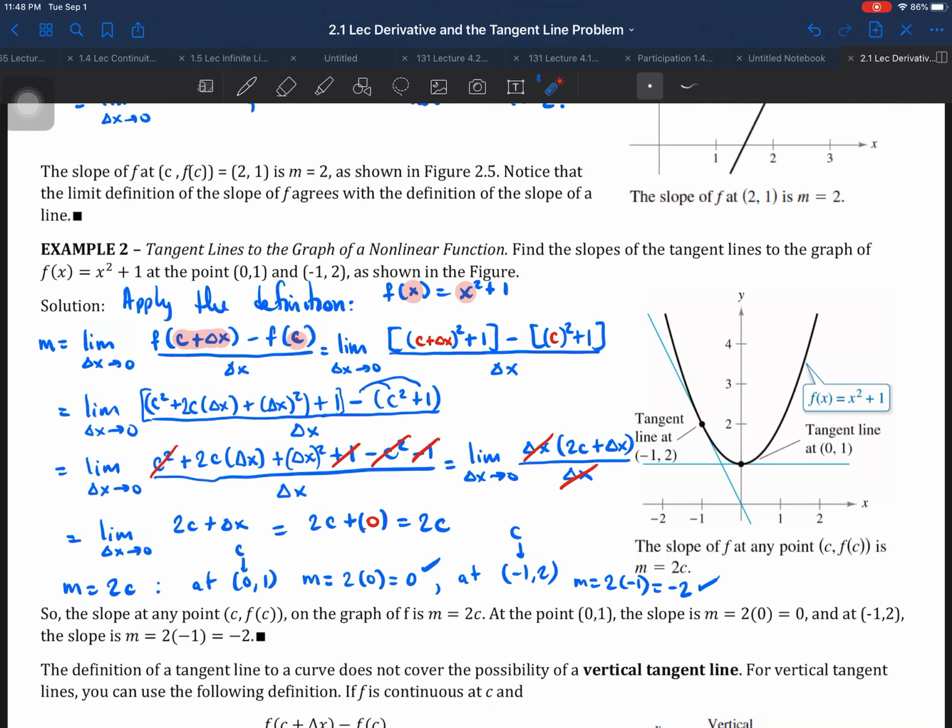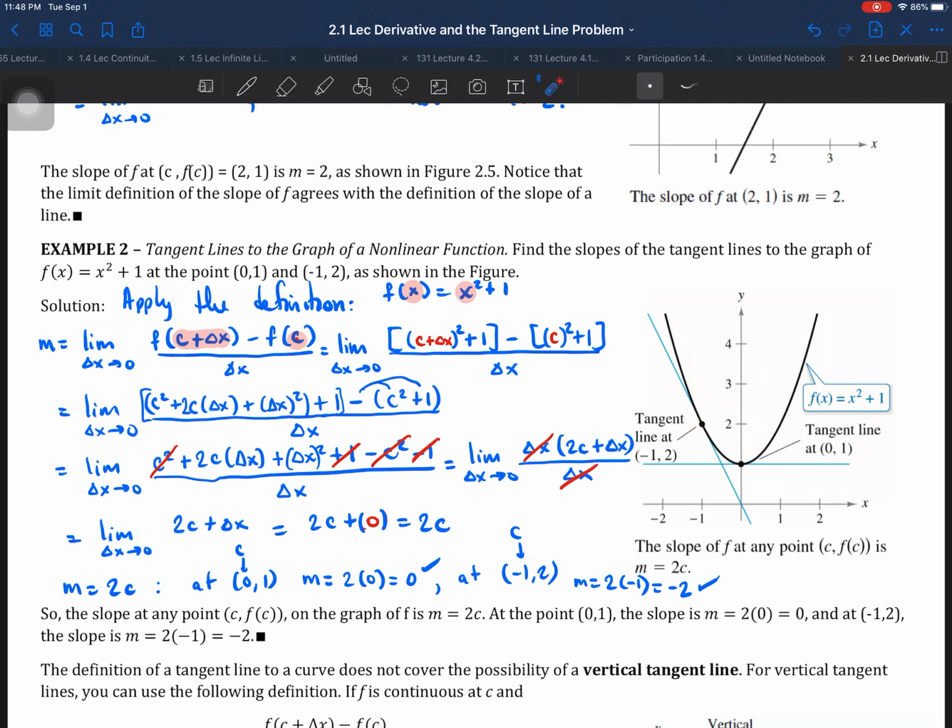So in this example, we're going to find the slopes of the tangent lines to the graph at 2 different points. So we're going to find the slope at that point and the slope at that point. So now we can kind of picture this tangent line passing through that point, and we can kind of see, oh, if we can find the slope of this tangent line, then we can find the slope of the curve at that point.